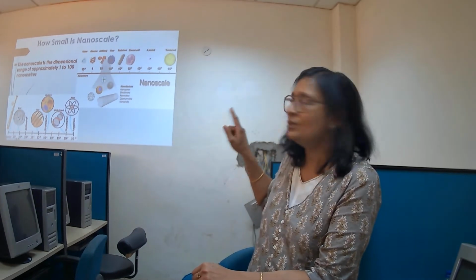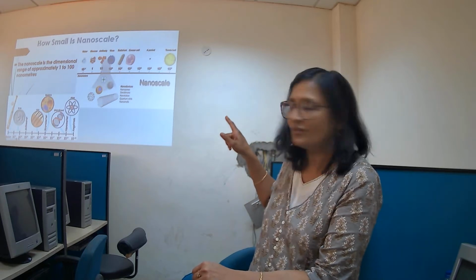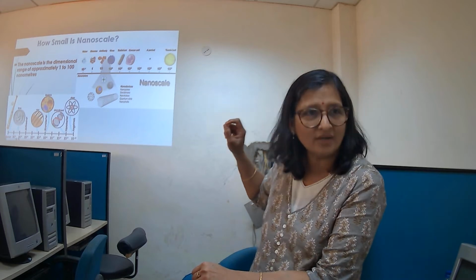Now in this figure you can see, from 10 to 100 nanometers, the size of antibodies and the size of viruses lie in the same range. Then the nano devices like dendrimers, nanotubes, quantum dots, all of these are within that limit.